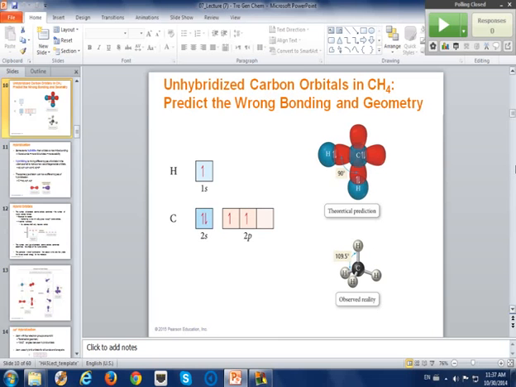Unlike the prediction of the valence bond theory for the pure 2s and 2p orbitals of the carbon, whereby the theory predicts a 90-degree bond angle in a molecule of CH2.